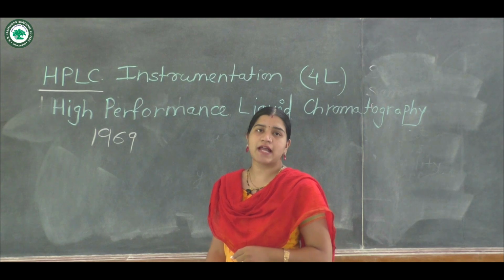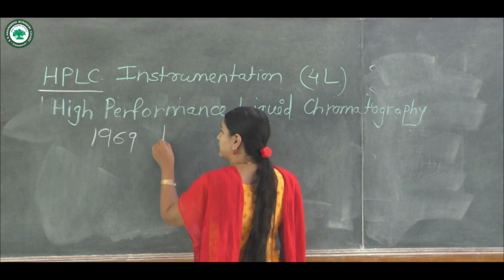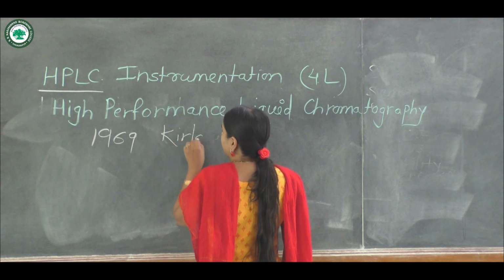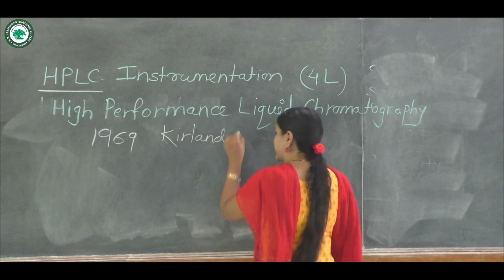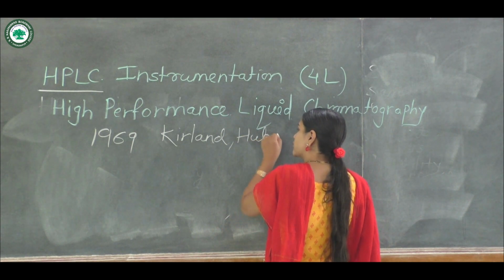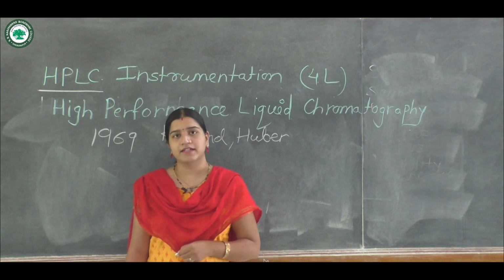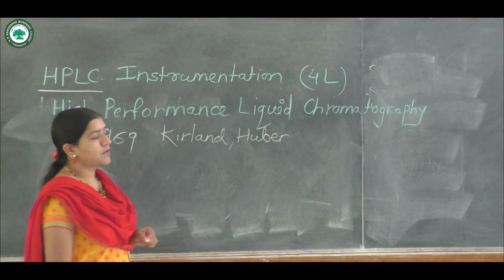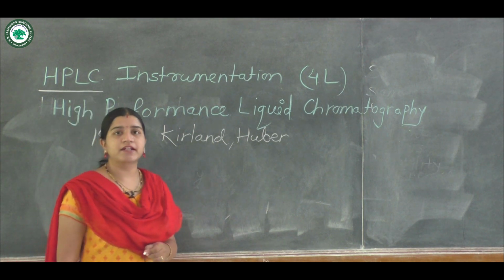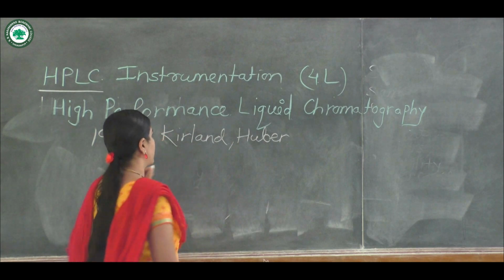The persons behind the discovery of HPLC are Kirkland and Hubbard. These two scientists discovered the HPLC technique in the year 1969. The high performance liquid chromatography technique was earlier known as high pressure liquid chromatography.